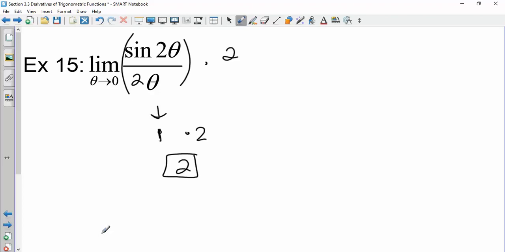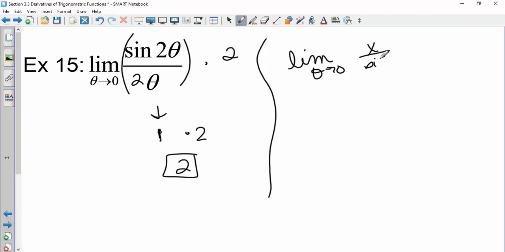Okay, let me ask you a question before we go to the next example. If I gave you the limit as x approaches 0 of x over sine x, if I flip it, what would that equal? Maybe 0, 1, 0.